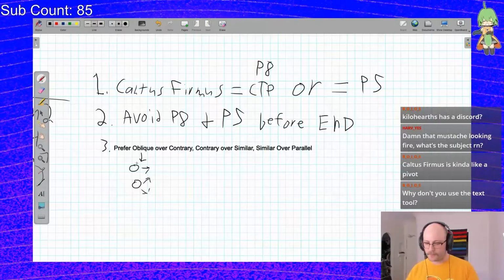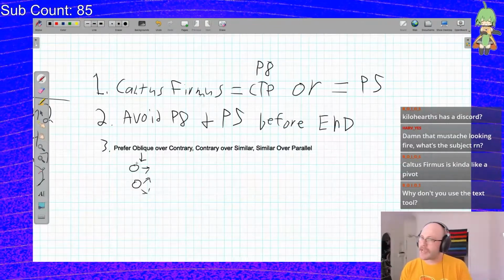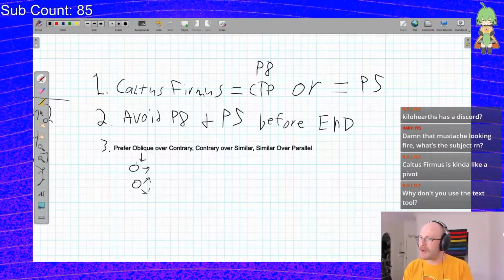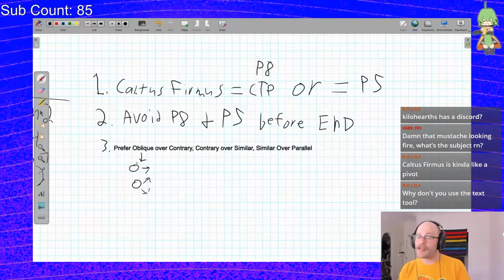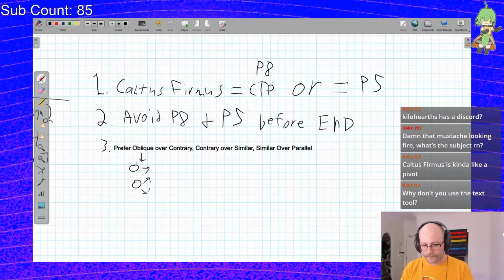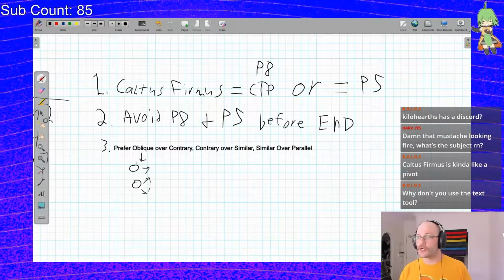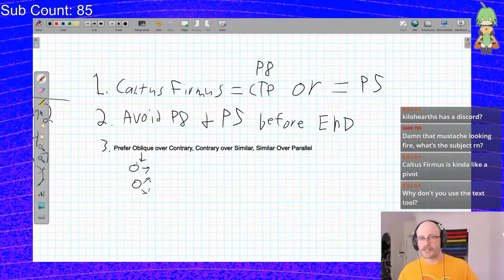So for example, if I have C and G, and then my cantus firmus moves up to an E, I will not move my note. I will keep the note that I'm playing on a G. Both of those sound good. Oblique motion means one note moves, the other stays the same.